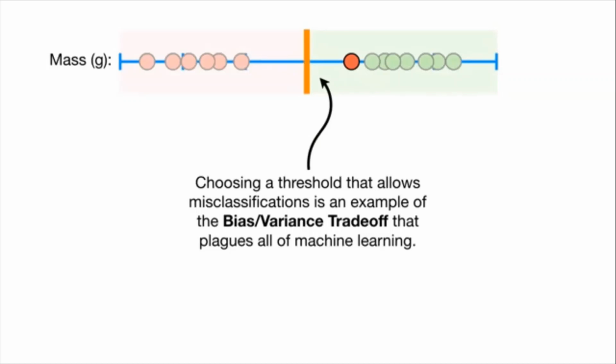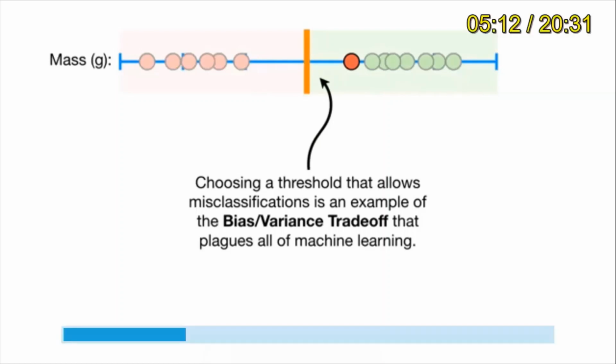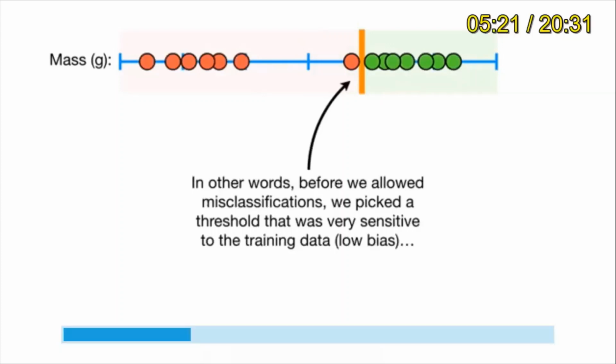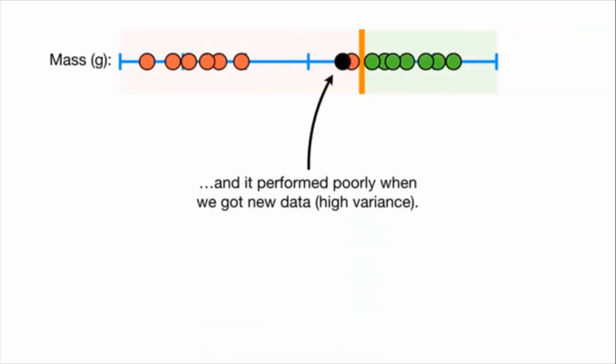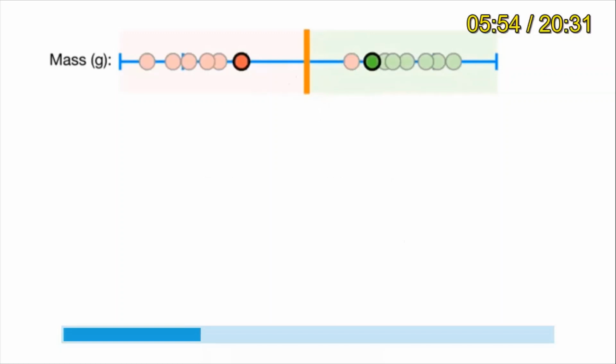Bias tells you how accurate your model is on the training data, and variance is how accurate it is on the testing, like unknown, data. So we try to increase the bias. Increasing the bias means the accuracy is a bit lower on the training data, so that we reduce the variance, that is, the error on the unknown data is less. So this is exactly what the trade-off is.